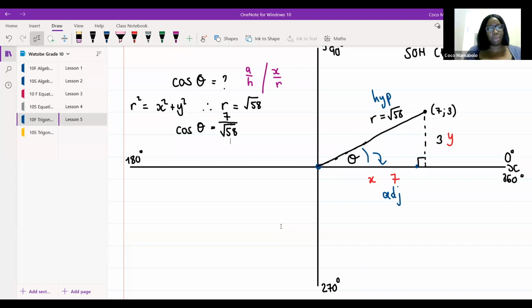Okay. So when your calculator gives you the square root of 58, leave it as the square root of 58. Because if we start looking at the decimals, it's going to start messing with the answers that we're normally going to get. Because now you're making the number shorter instead of giving us the true value, which is just the square root of 58, because the square root of 58 is an irrational number.